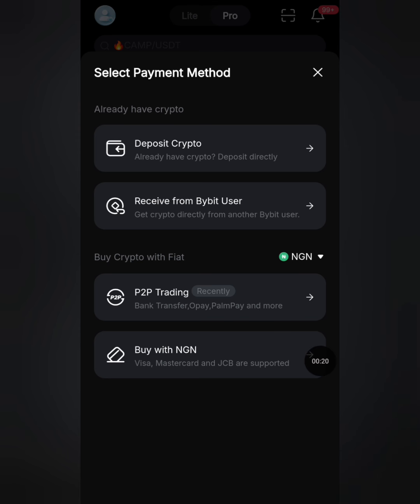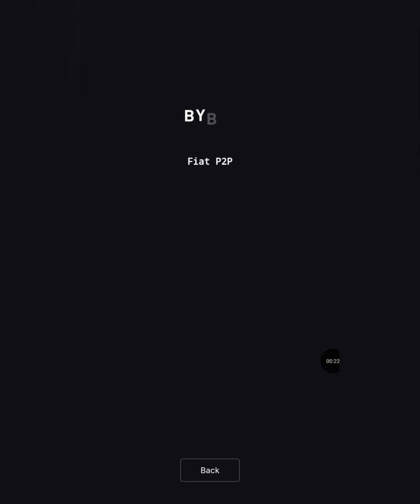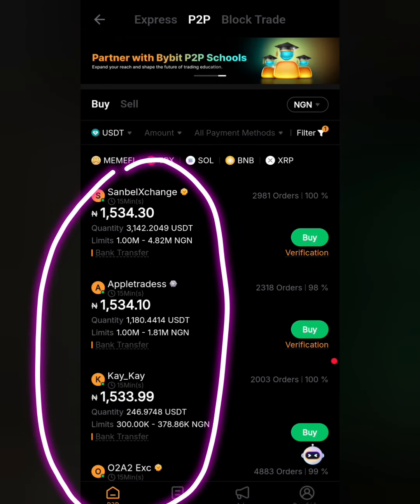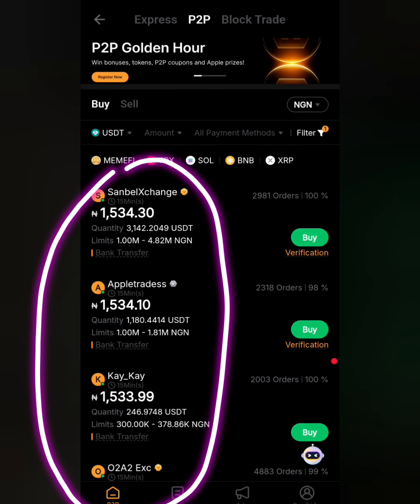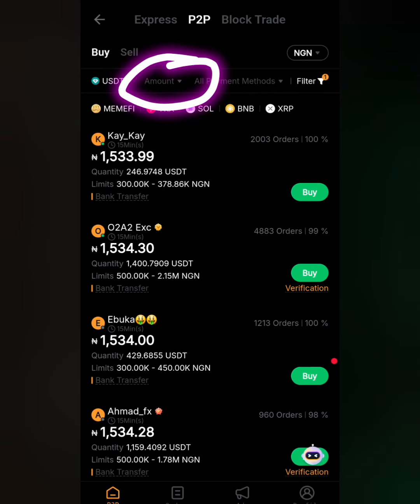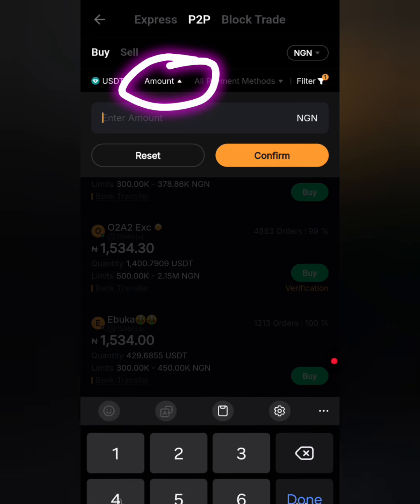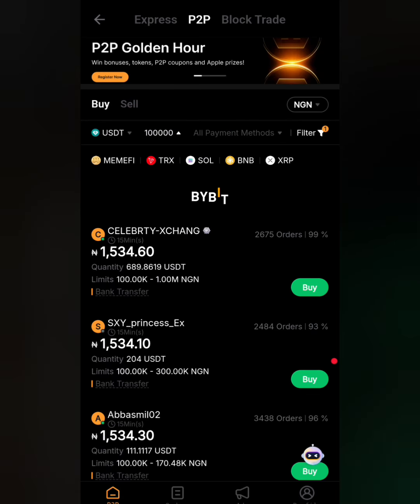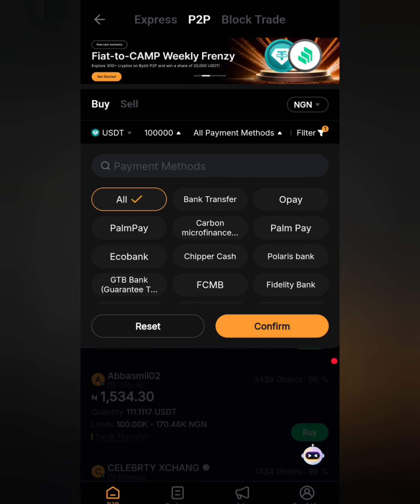To fund it you select P2P trading right here, and it will bring you to the P2P market. Basically you find the rate at which one USDT or $1 is currently trading. You put in the amount you want to fund with right here, and once it filters this out, you select the type of payment method you want to use.